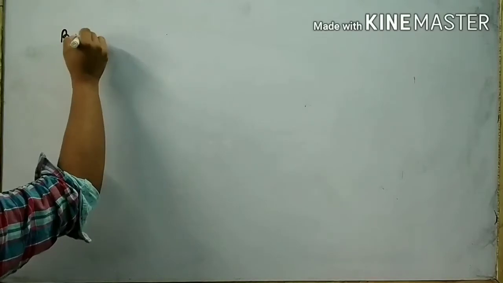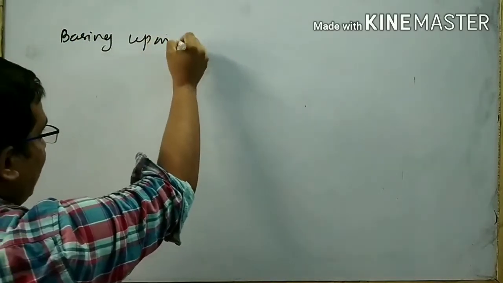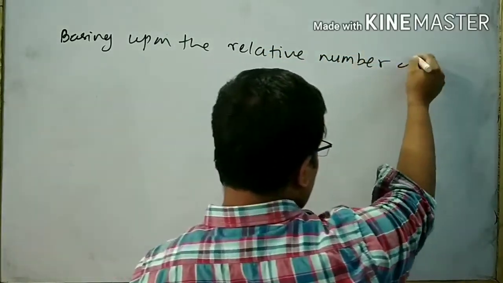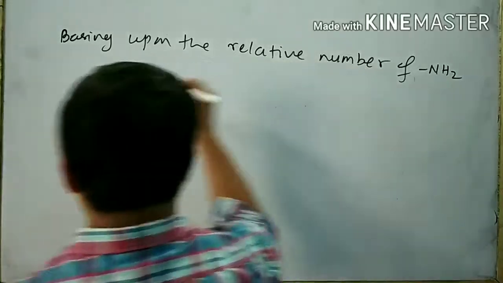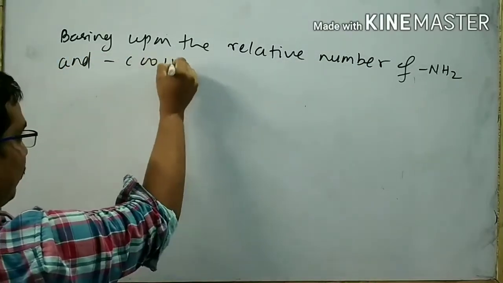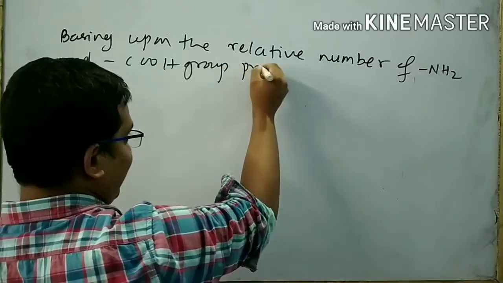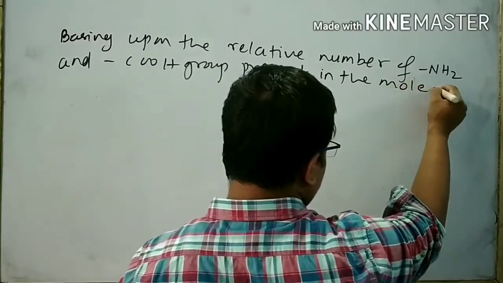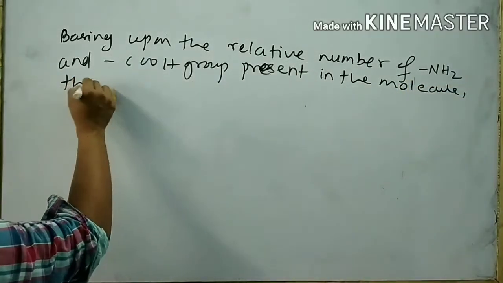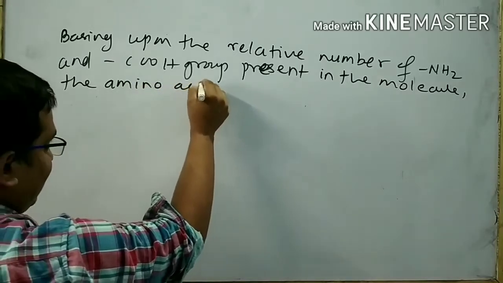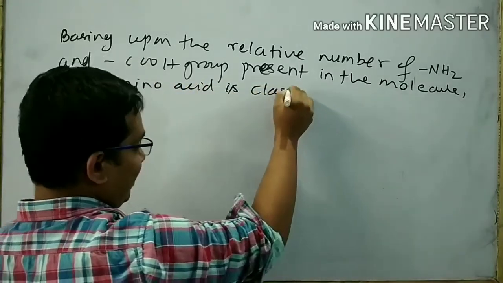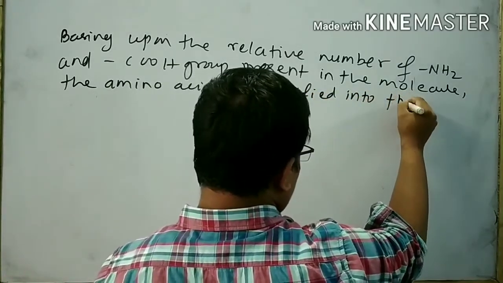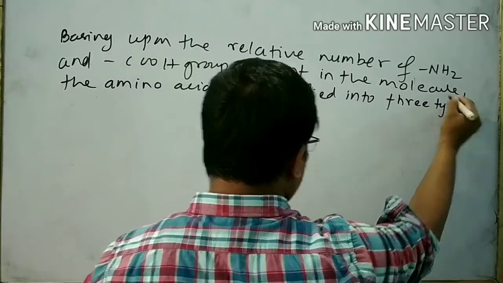So we can write: basing upon the relative number of NH2 and COOH groups present in the molecule, amino acids are classified into three types.